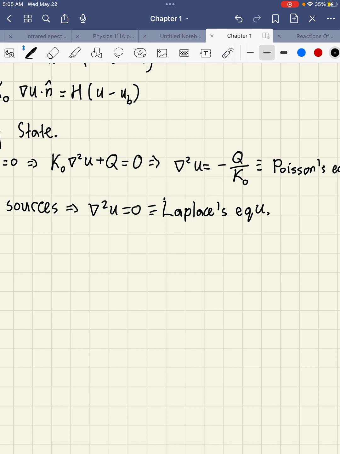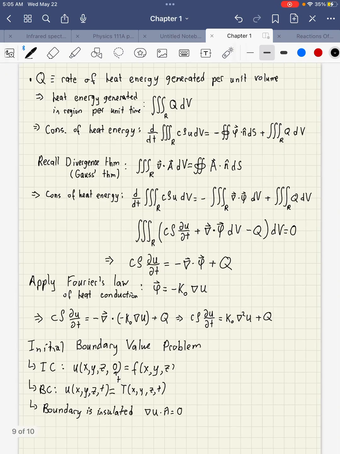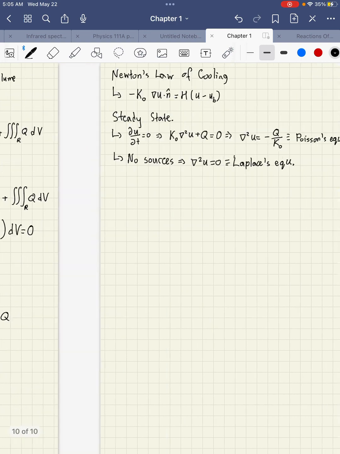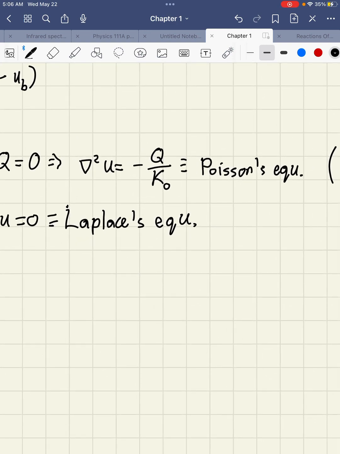If you understand PDEs, you can solve electromagnetism very easily, and quantum mechanics is basically ODEs. Sometimes they are PDEs too. But this Laplace equation and Poisson equation, in the future if I talk about electromagnetism, you're going to see it again, but in terms of electric potential, not the temperature. So basically, Poisson and Laplace didn't study the temperature itself, they studied all of these PDEs, and it's applicable everywhere you use it.